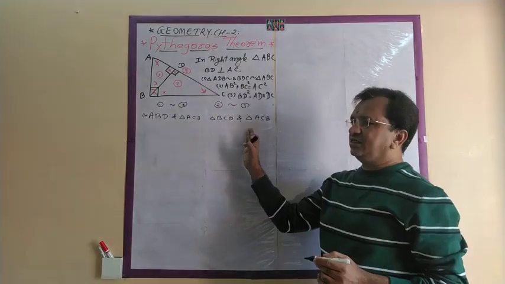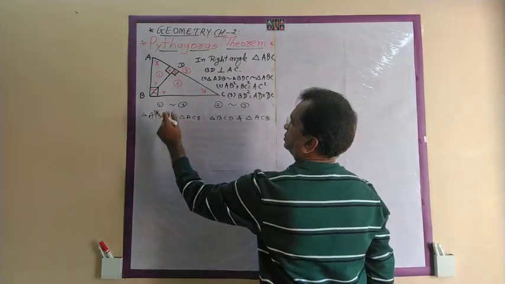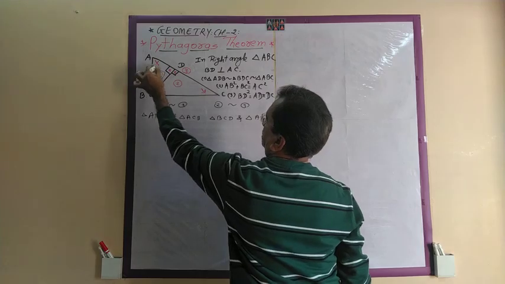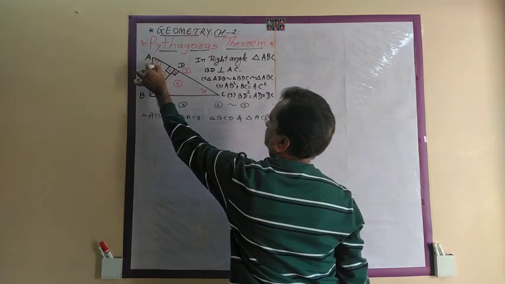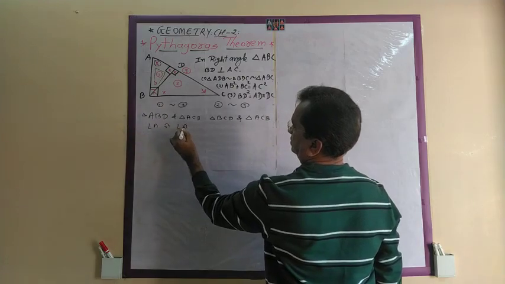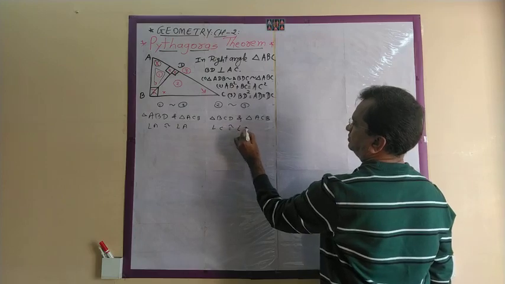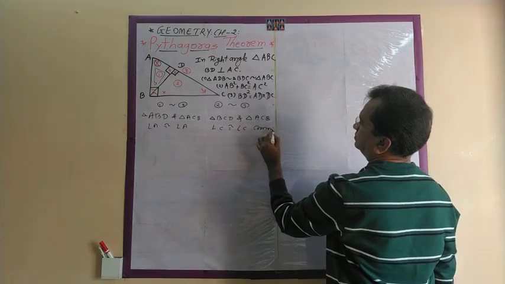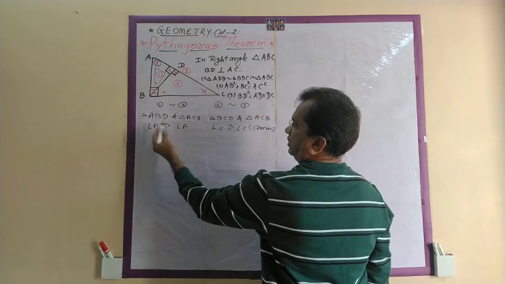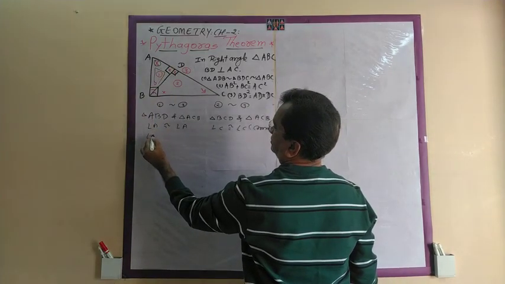Now we will prove this and this triangle pair similar. In the first and full triangle you will find X is common, means A. Here you will find C is common. In the full triangle B is 90, in the smaller one D is 90.